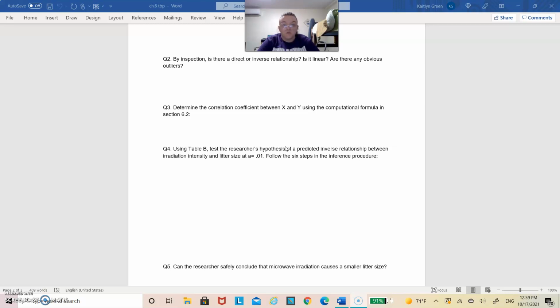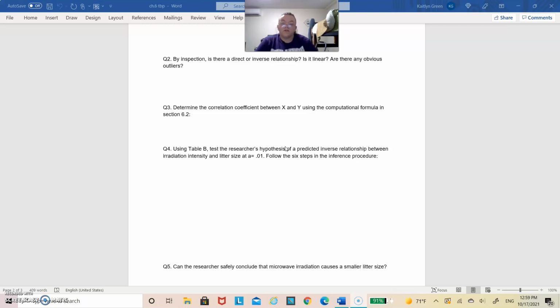I guess I just can't speak math today. And the sum of y was 392. Then I put all of that into the computational formula, and I found that r equaled negative 0.89, which reflects that it is a very strong inverse or negative relationship.